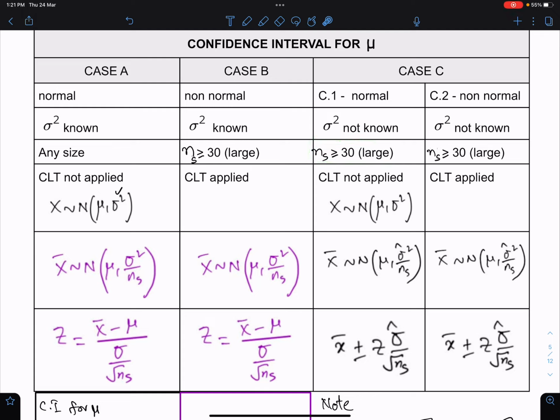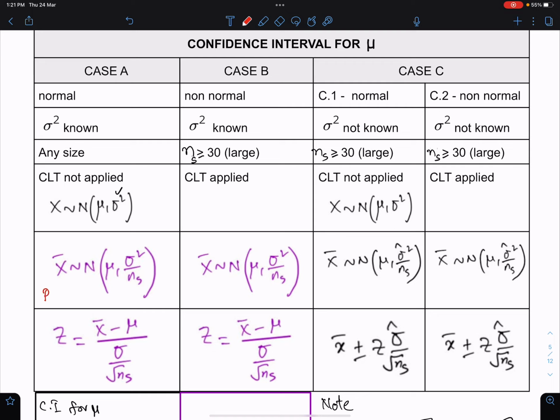So when population is normal and sigma square is not known and sample size is large, because of these 3 things, see, the population is normal. And since population is normal, so distribution of x bar is perfectly normal. This is very important.